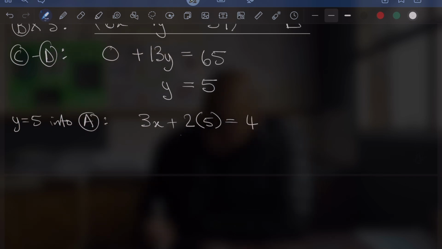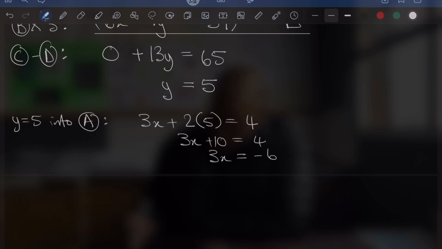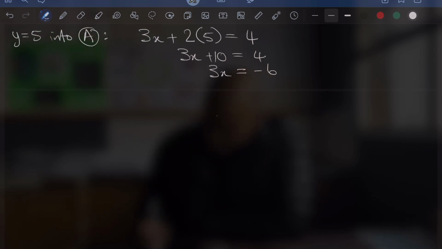So that is 3x plus 10 equals 4. So 3x equals 4 minus 10, which is negative 6. So 3x is equal to negative 2.